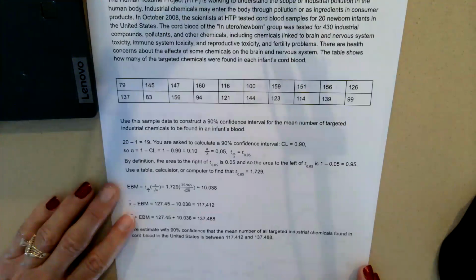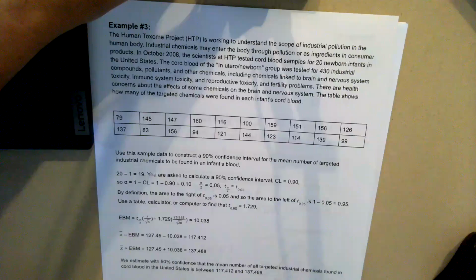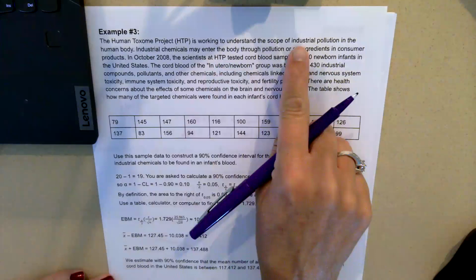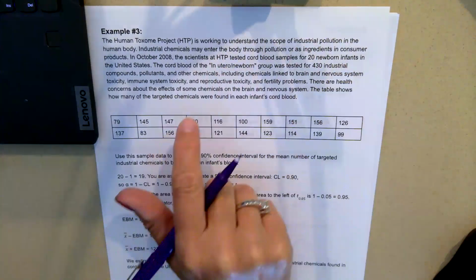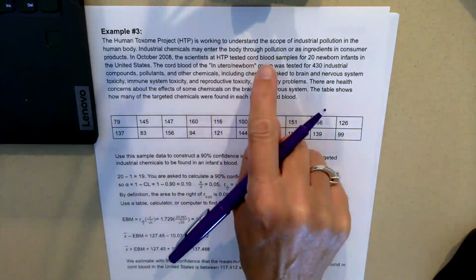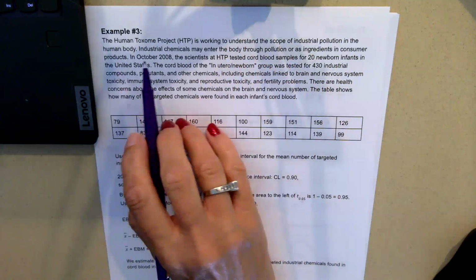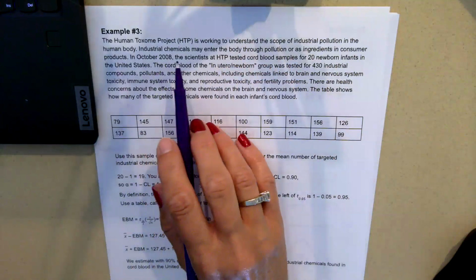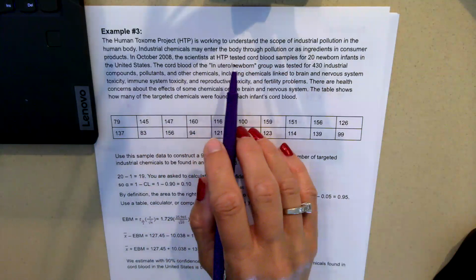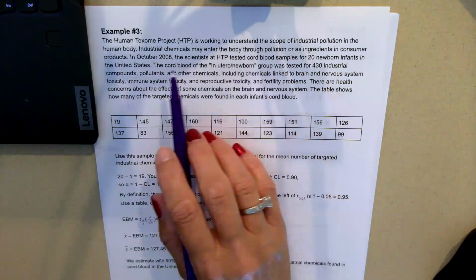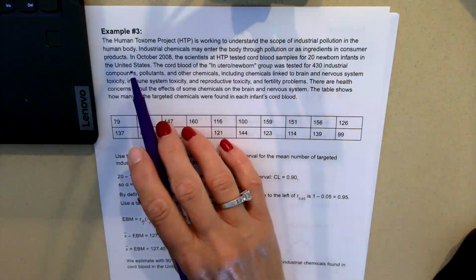This one is on the Human Taxonomy Project. It's working to understand the scope of industrial pollution. Industrial chemicals may enter the body through pollution or as ingredients in consumer products. In October 2008, the scientists at HTP tested cord blood samples from 20 newborn infants in the United States.